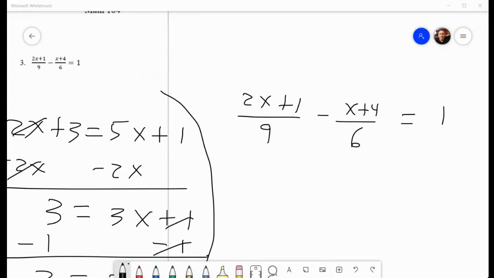I'm going to find the least common multiple of the denominators, which in this case are 9 and 6. So for the multiples of 9, we have 9, 18, 27. Let's list some multiples for 6.